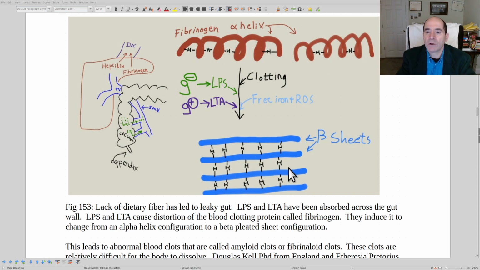Okay, and this also is an example of how a protein can propagate itself. If you have a protein that changes from alpha helix to a beta pleated sheet, stacking up, precipitating out of solution, forming a relatively large mass given its context, that can push on other beta amyloid proteins and cause them to precipitate. This is a way that a non-living thing, a protein, can propagate itself, okay?